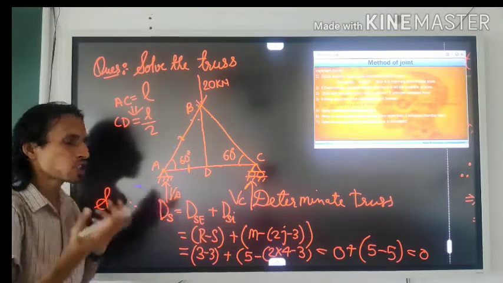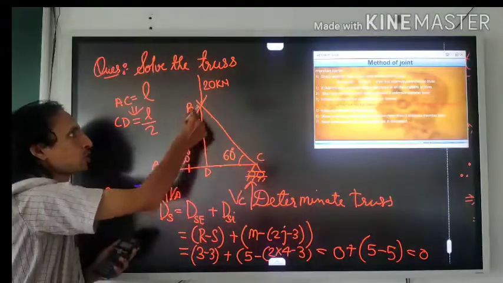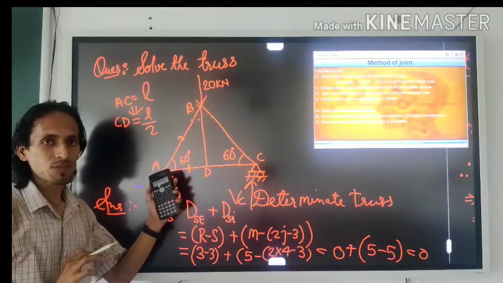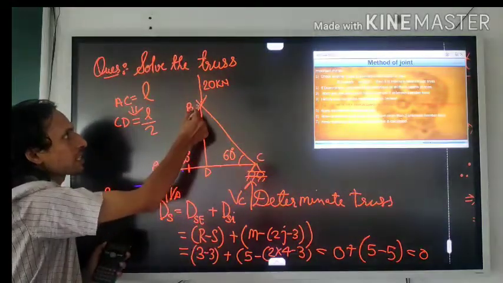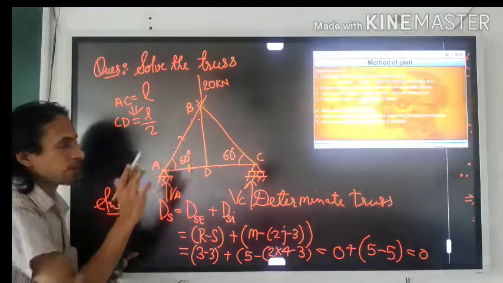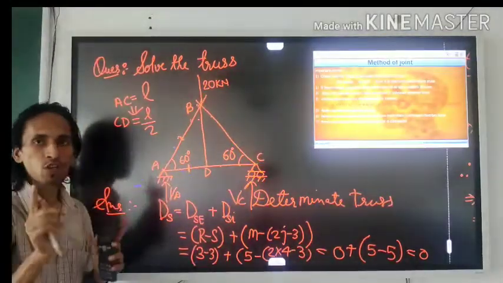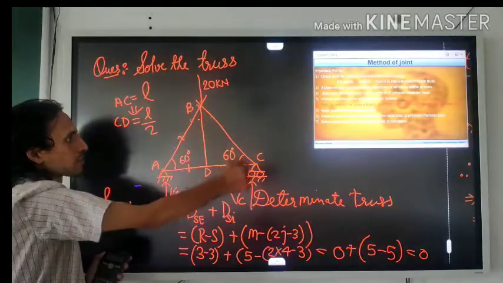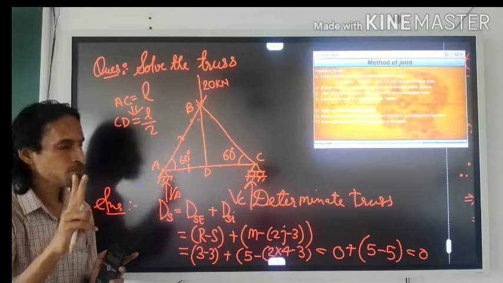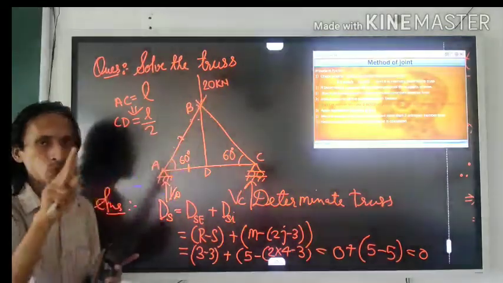So at what joint should you go? Whether you should go to this one or this one. You have already solved for this one. So see here, at this joint B, this AB we know, this BD we don't know, so 1 unknown. This BC we again don't know, so 2 unknown. So at B there are 2 unknown.